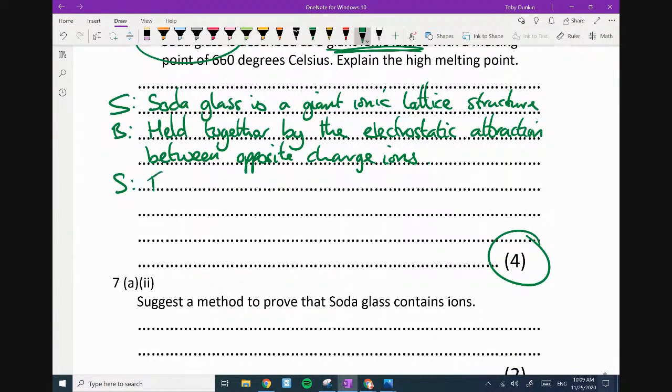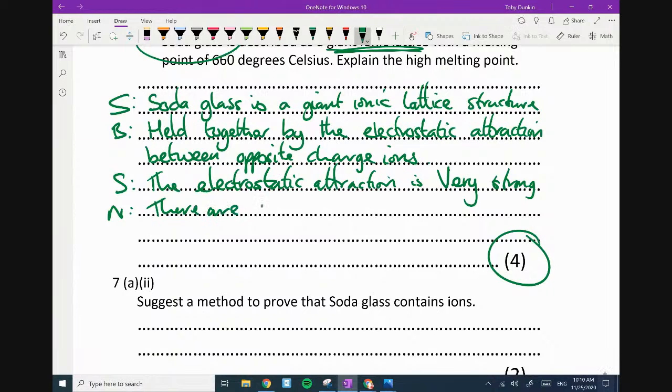Strength. The electrostatic attraction is very strong. There are millions of these attractions.